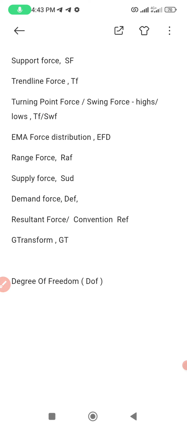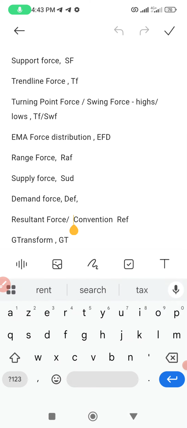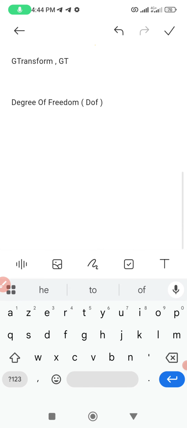Now the next thing is geometrical resultant force or force convention reference. This actually means resultant force, force convention reference. Okay, right here I'm gonna make this for you.